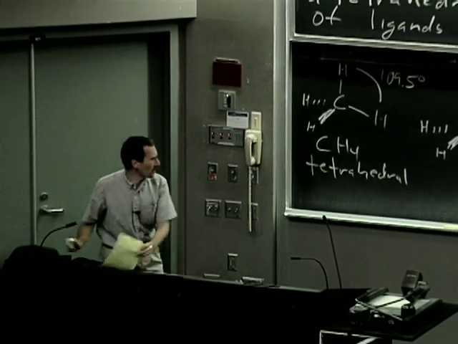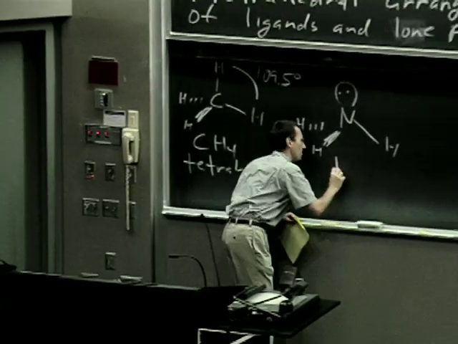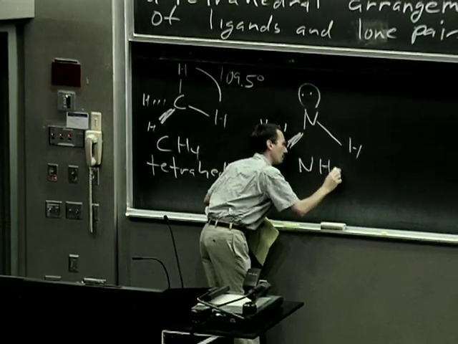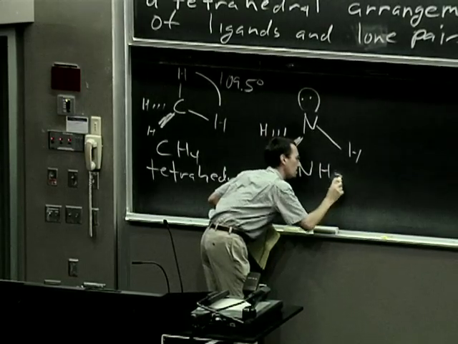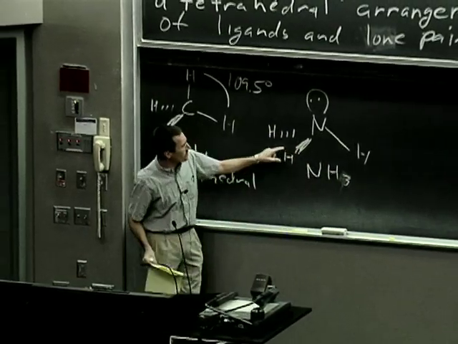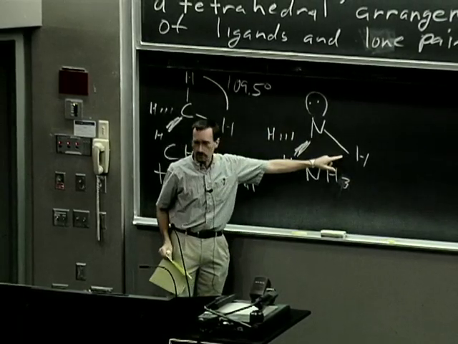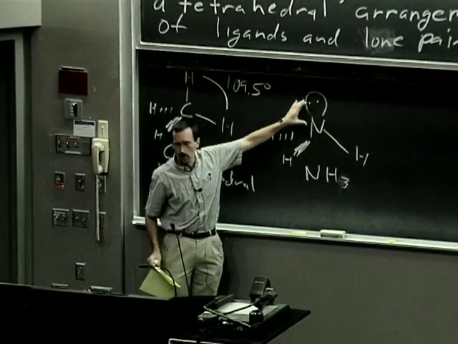If we just look at ammonia and forget about the lone pair for a moment, NH3, and we just consider the arrangement of atoms that you see. In other words, you don't really see the lone pair.